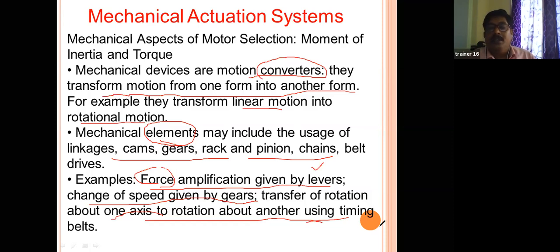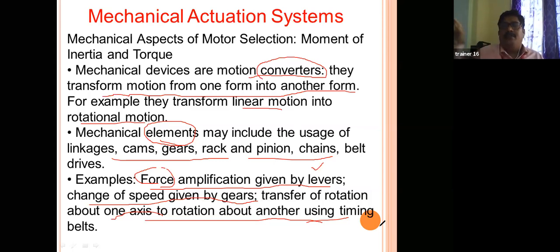If you see the belts, there are open belts and closed belts, and the crossed belt. All of you know that a crossed belt has two pulleys, and the belt should be like this. That means the rotation changes while transferring the motion: one pulley rotates clockwise, and the other rotates anti-clockwise in the cross belt. This is one pulley and this is another pulley with a larger diameter.